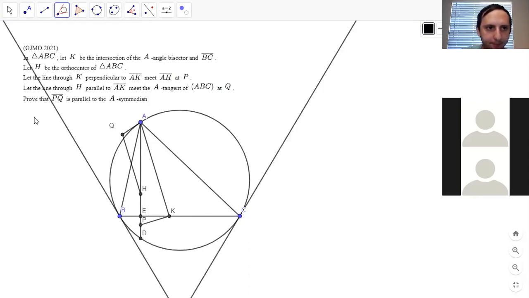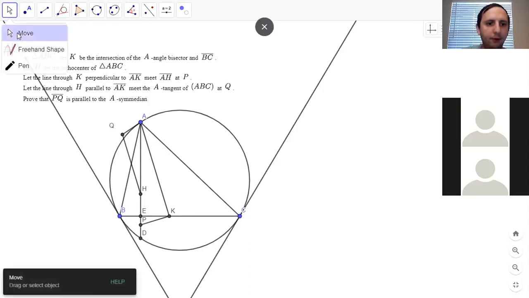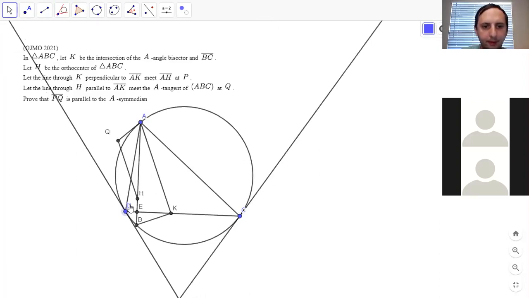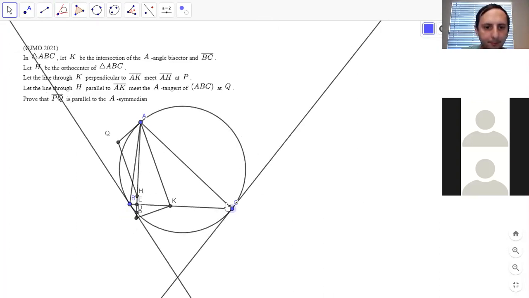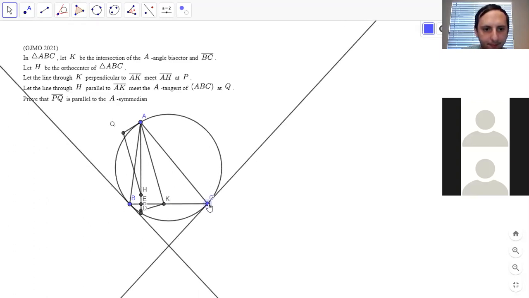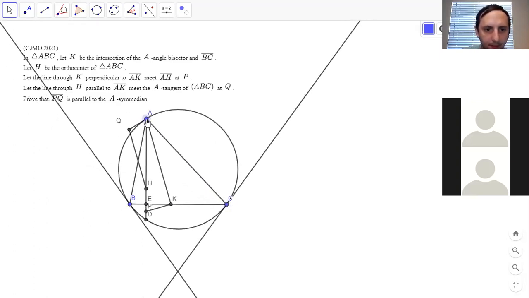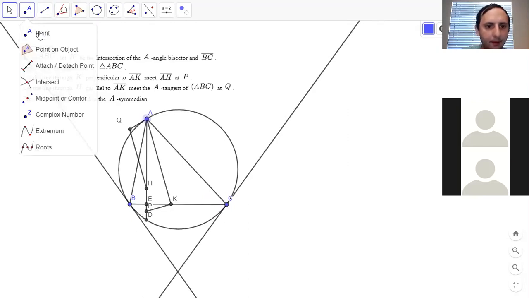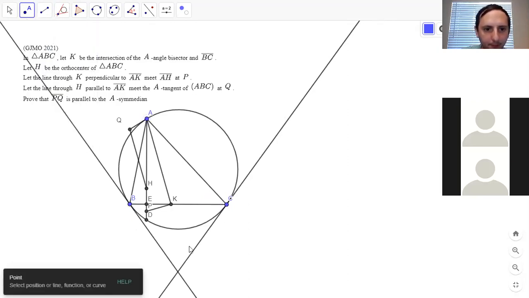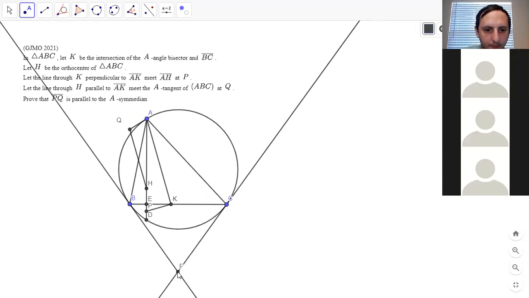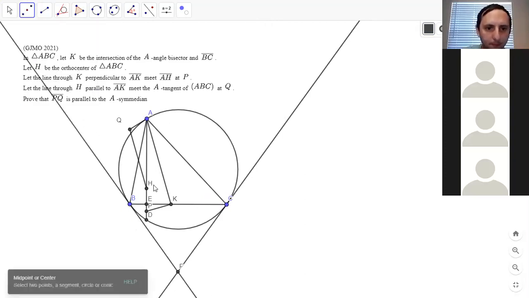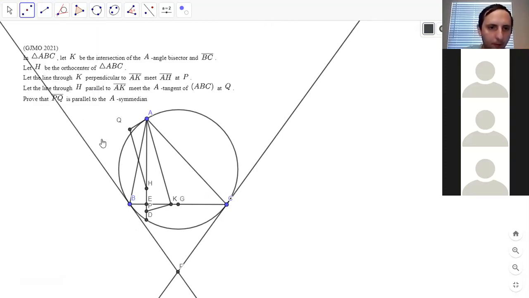Draw the two tangents at B and C and let them meet at a point. And you also draw the median. Yeah, so I'll do that too. So AG is the median.